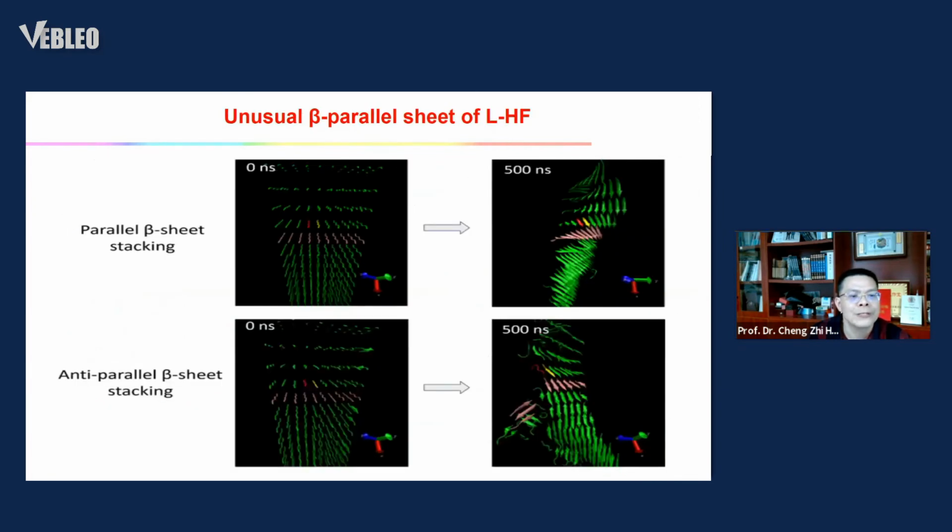Computer simulation shows that this unusual beta sheet is not the generally anti-parallel one, but a parallel one.